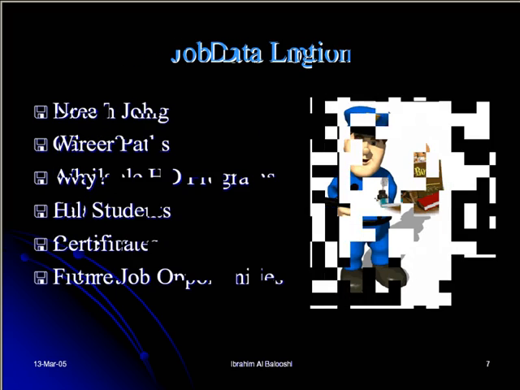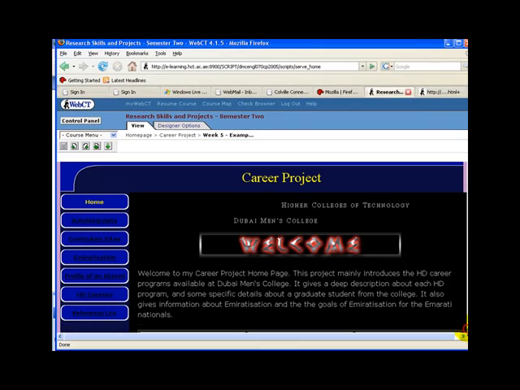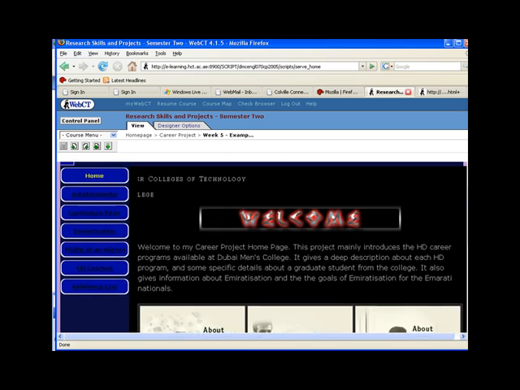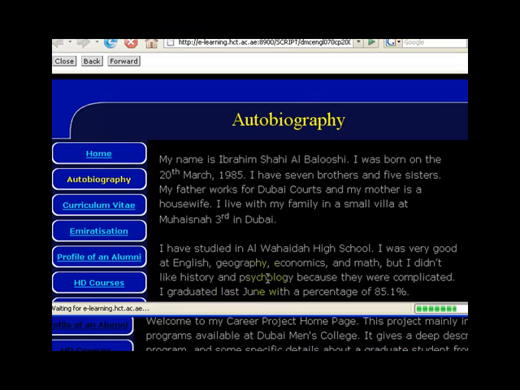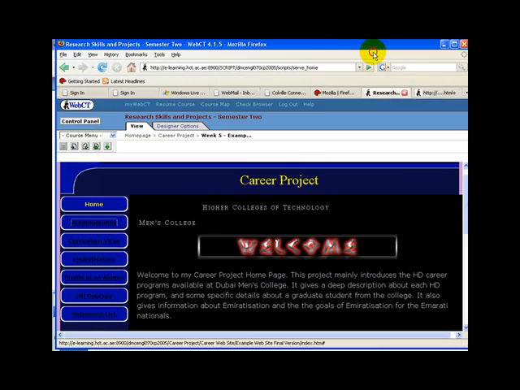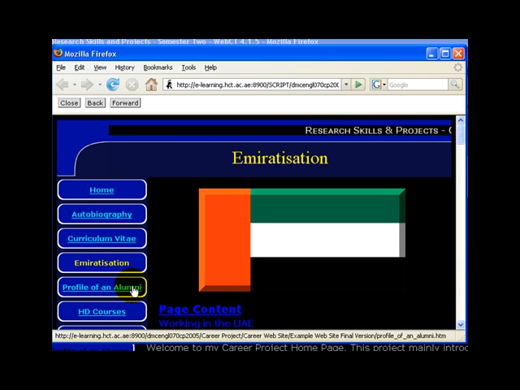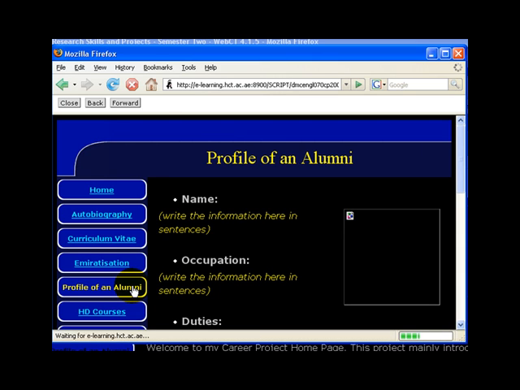The other part of the assessment was the career website. Students had to use Macromedia Dreamweaver, which was part of their computing course requirements, and any multimedia software program that they chose to use. Some students were, for example, dab hands at Flash. They then designed and built a career website.